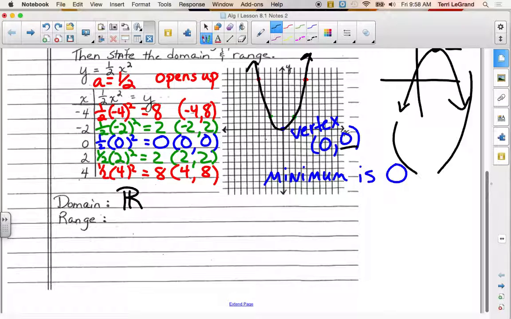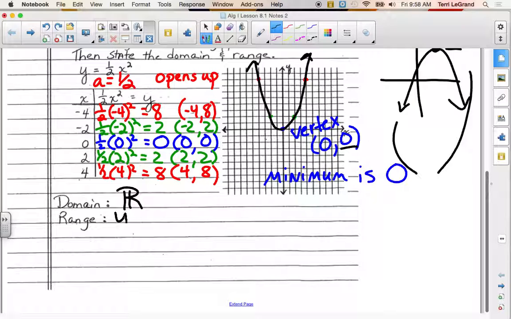But. Okay, what's the range? Remember, the range is the y values. So what's the range of this one? Anything greater than 0? Or equal to 0, it could be equal to 0 too, couldn't it? And so we would write that as an inequality. I'm going to guess you don't want to write that in words, do you?